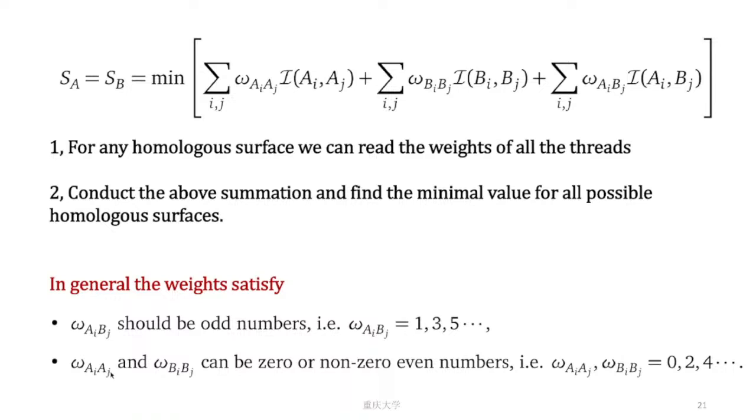But the weight of the P threads between AI and AJ or BI and BJ should be 0 or even numbers, because the endpoints are on the same side of the homologous surface. They should pass through the homologous surface an even number of times.